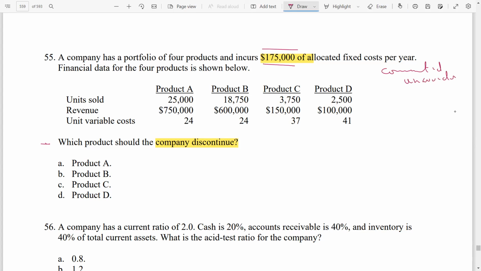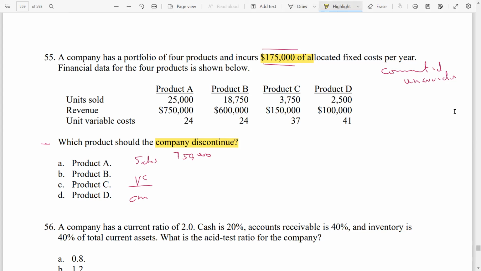I'm going to make a little table here. We have sales, variable cost, and contribution margin. Let's start with A. A has 750,000 in sales. So what is our contribution margin then?